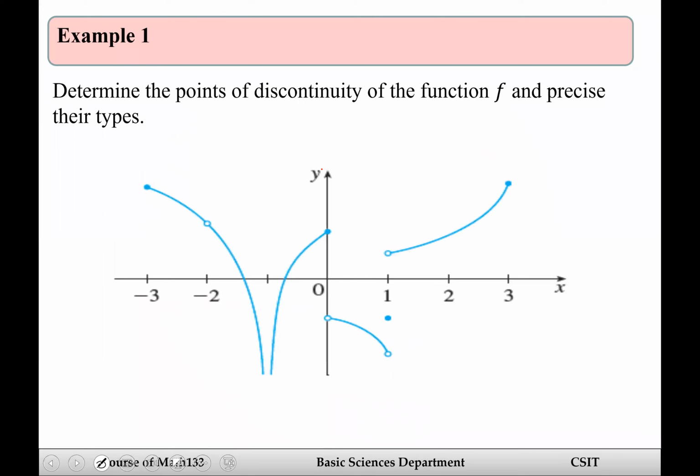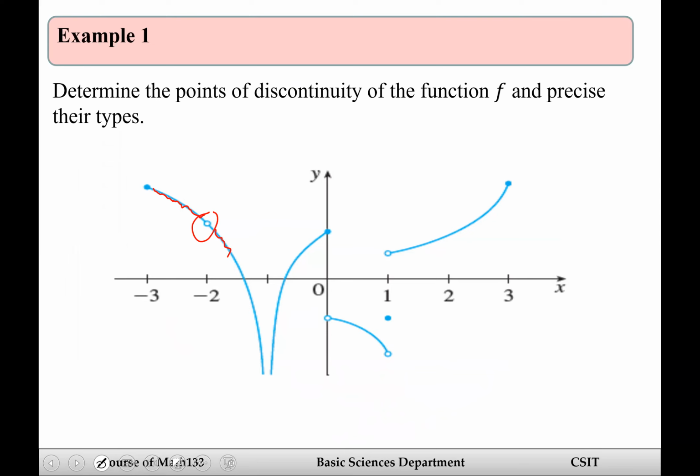Okay, look at this example, we have several discontinuities. Now, think about graphing the function. So we start with the point at x equal to -3 here. If we follow the graph, since it is an empty circle, I need to stop and continue. So there is a discontinuity here. And what kind of discontinuity?